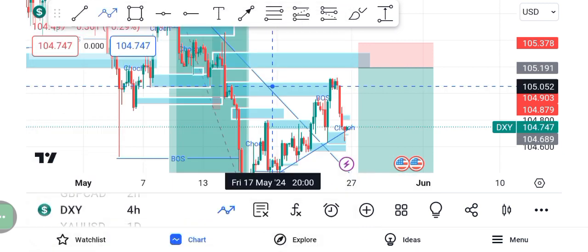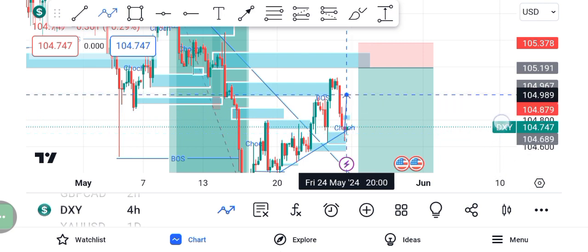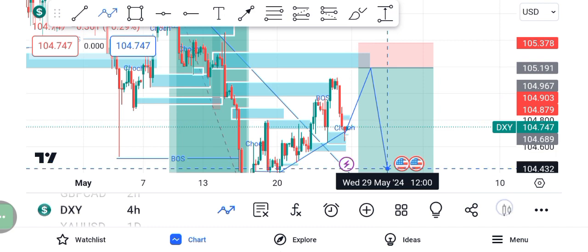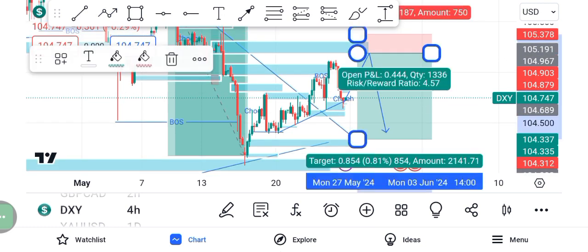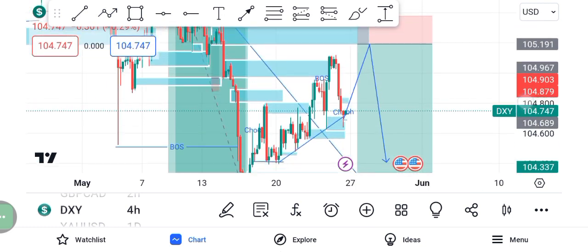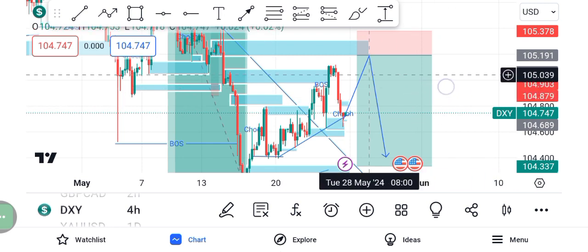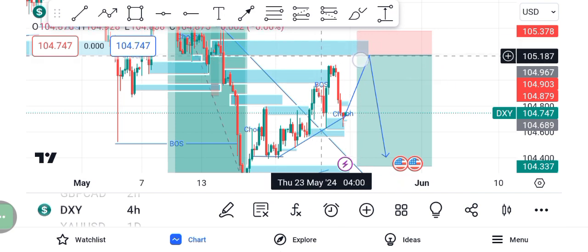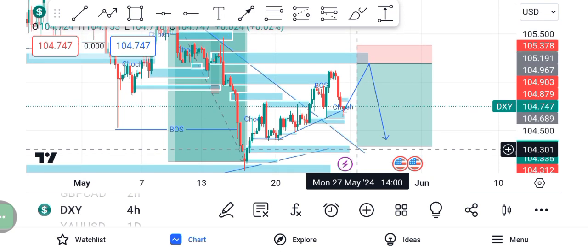I'm actually expecting DXY to give me the retracement into this other block. Then we can go deep. That's why I have my position tool here, because I'm expecting the DXY to get to this other block, then begin to go down, all things being equal.